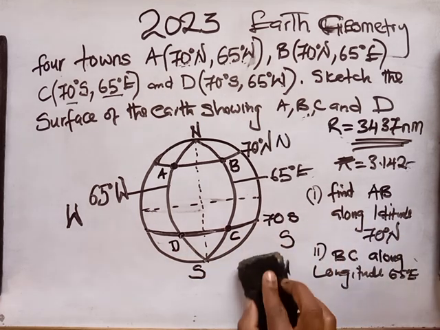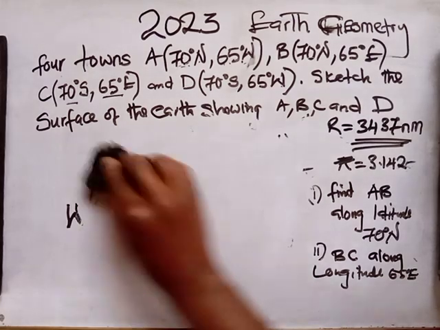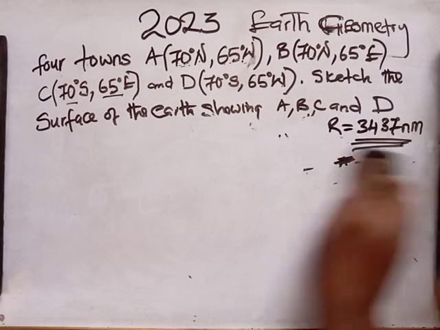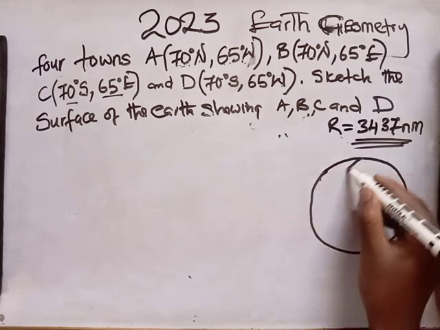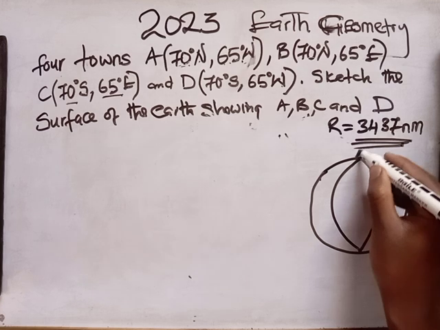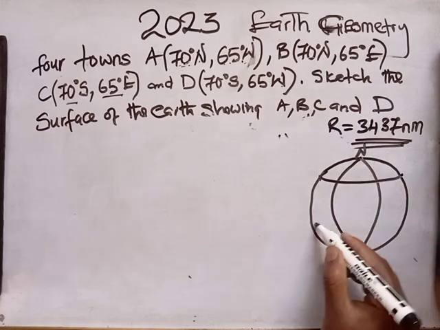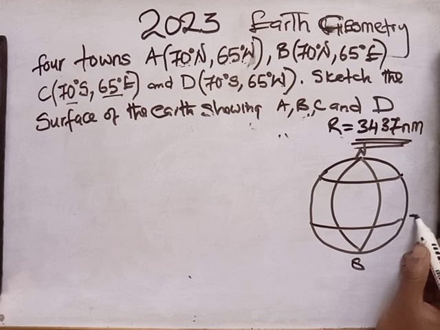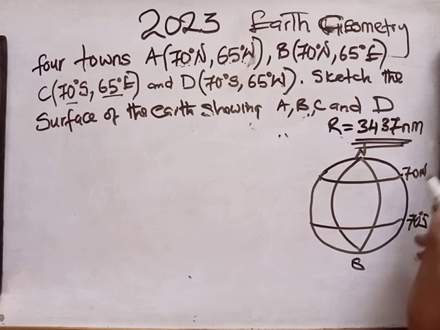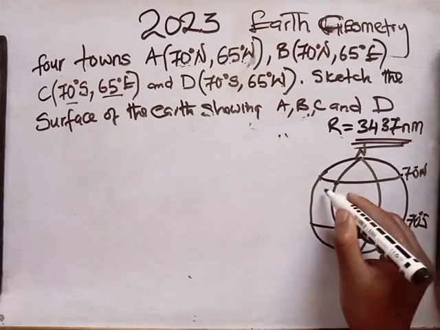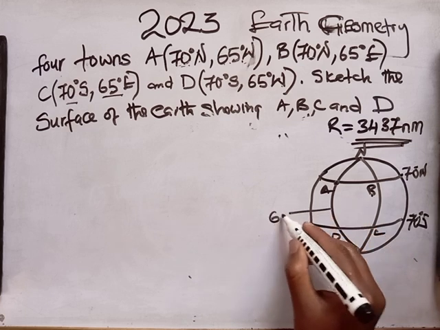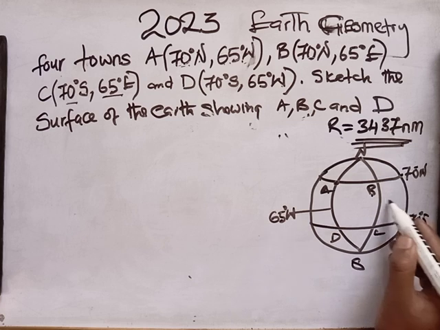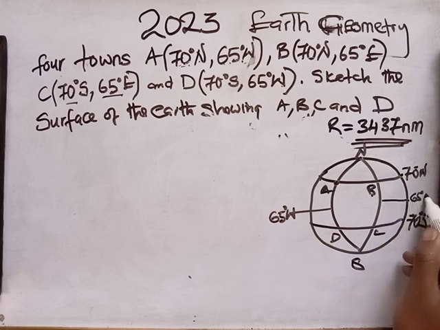So let's look at this now. This is how the Earth looks, our sketch: north, south, 70 degrees south, 70 degrees north, A, B, C, D. This is 65 west, this is 65 east.